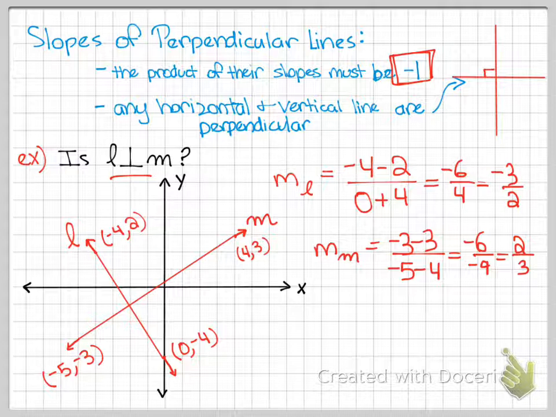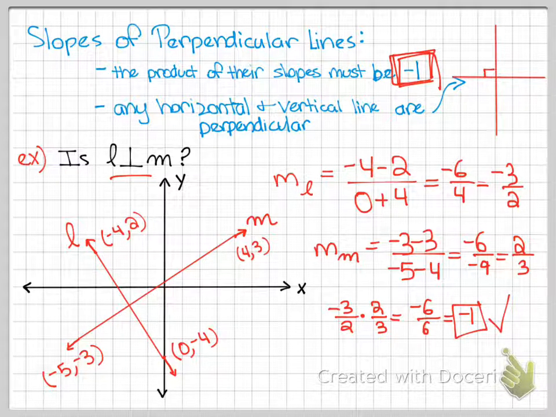Well, if they're perpendicular, they have to multiply to -1. So let's see what happens when we multiply those together. -3 over 2 times 2 over 3. So you get -6 over +6, which equals -1, which is what we needed. So yes, these lines are perpendicular to one another.